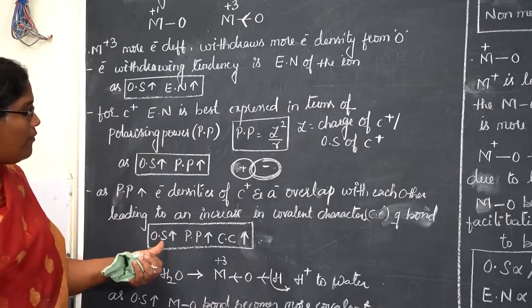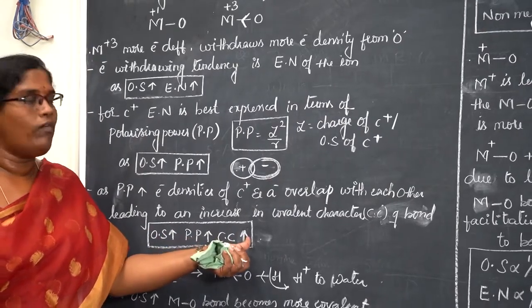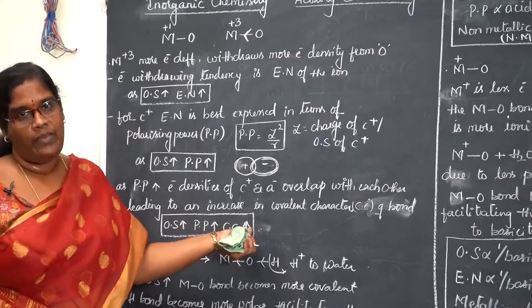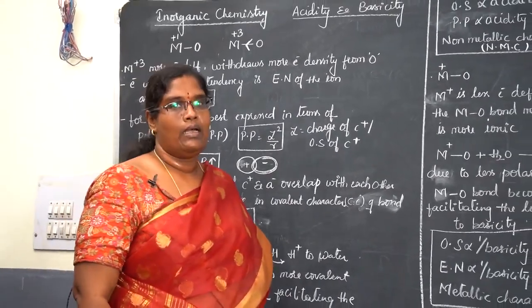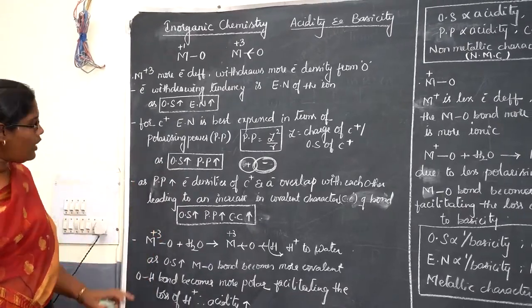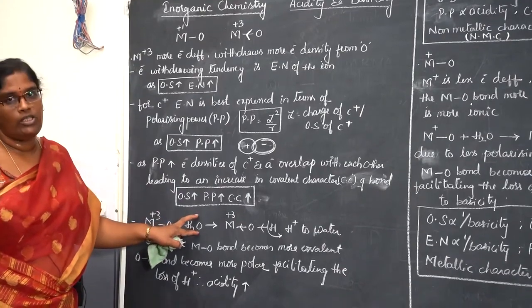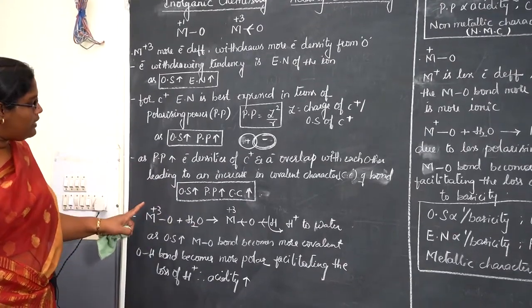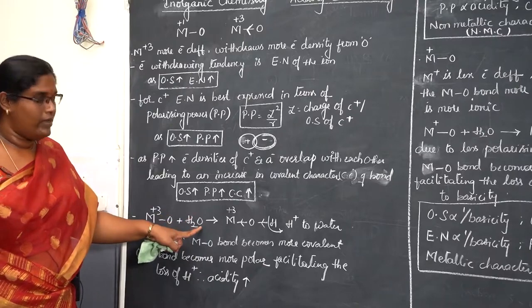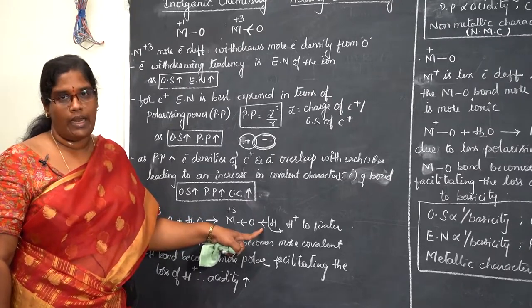So now, when the oxidation state increases, polarizing power increases, covalent character increases. And how can we correlate all these factors to acidity? If you take this oxide in its aqueous solution, that is, we dissolve this oxide in water, forming the respective hydroxide.